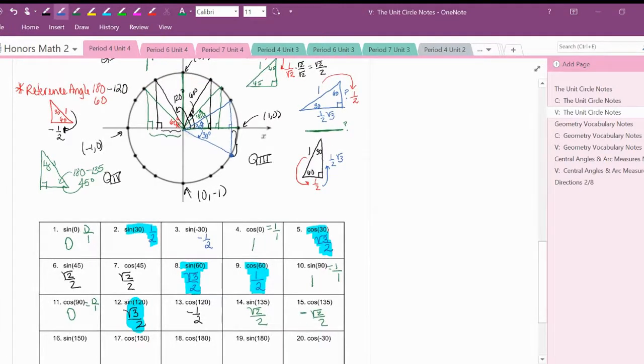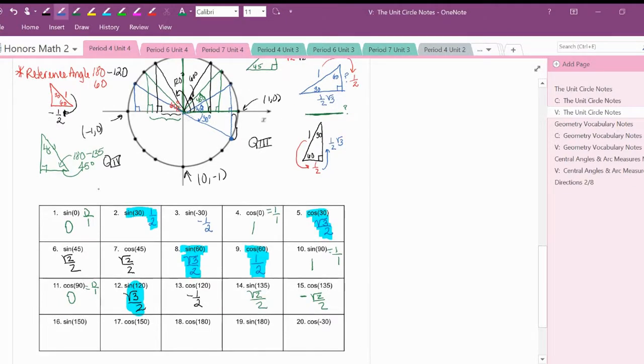One more in this second quadrant, at 150. Our reference angle for 150 would be 180 minus 150, or 30 degrees. So now we have a 30, 60, 90 triangle.